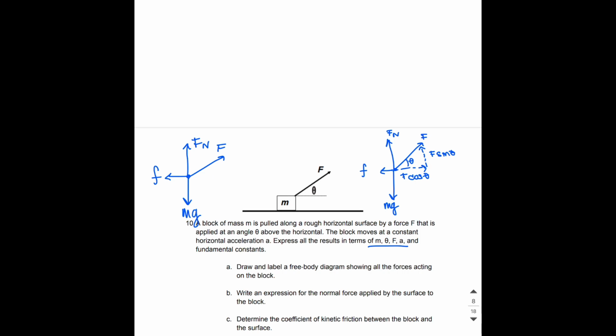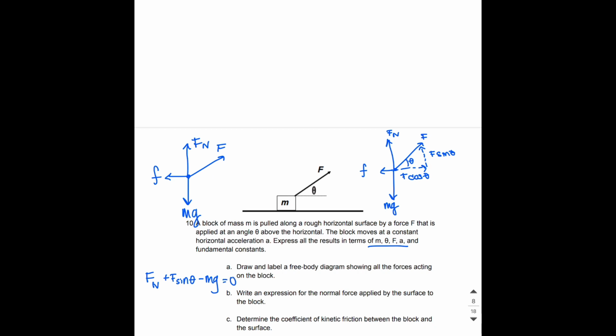For letter B, it says write an expression for the normal force applied by the surface to the block. The normal force is in the y direction, so I'm just going to do the sum of the forces in the y direction. Normal force is positive. The component of the applied force in the y direction is F sine theta in the positive direction and a negative mg.